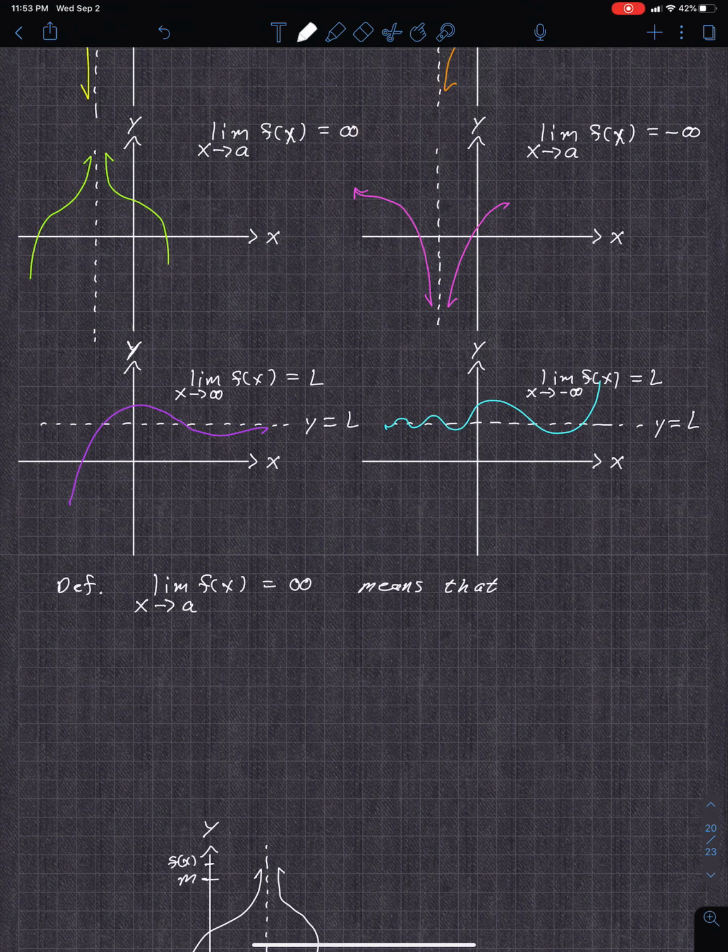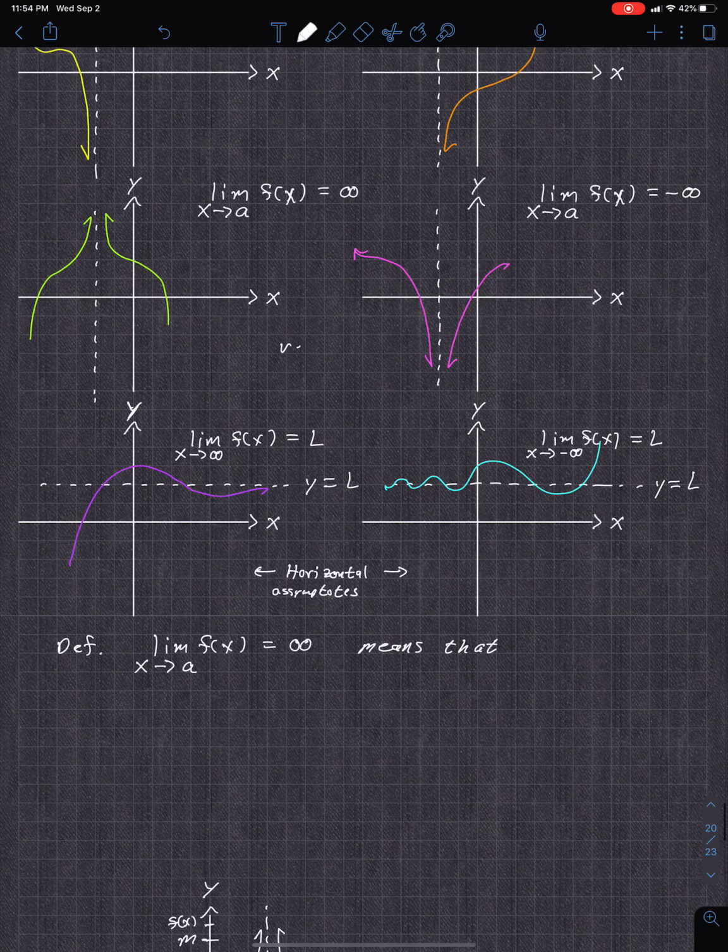These are the horizontal, so both of these are the horizontal asymptotes. And then all of these are the vertical.